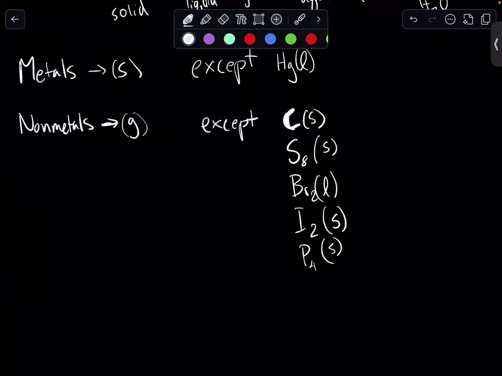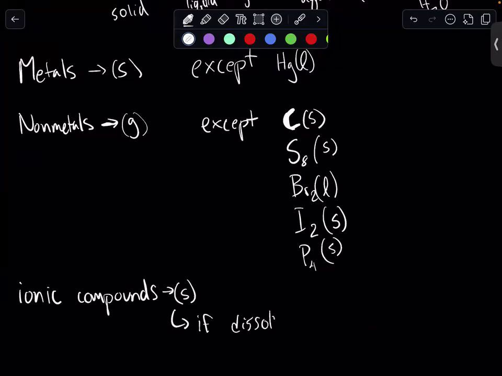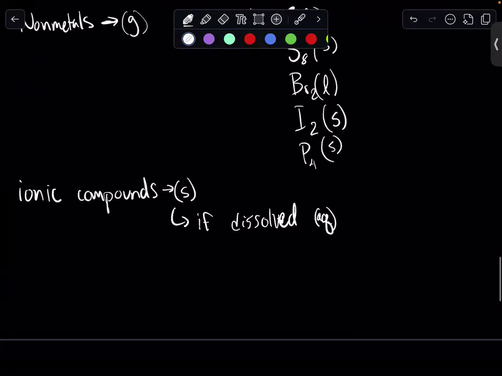So, lastly, or second to last, ionic compounds, like salt. These are pretty much always solid, unless dissolved. If dissolved, then it's aqueous because that's what aqueous means, dissolved. And then finally, we have molecular compounds.